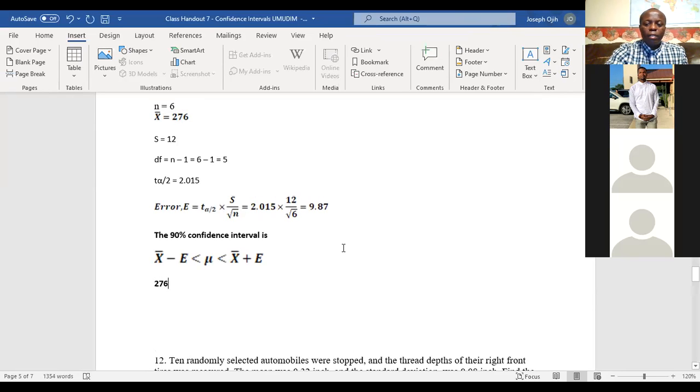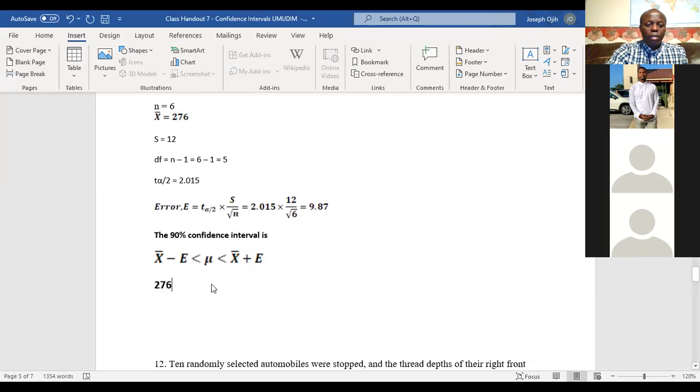I'll make this bigger. 276 pounds, minus error of 9.87, less than the mean, then less than 276 plus 9.87.